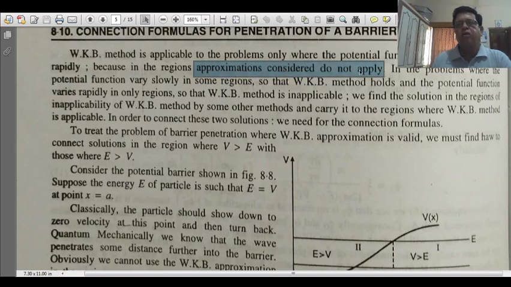In such kind of regions, where the potential function changes rapidly, things are different.